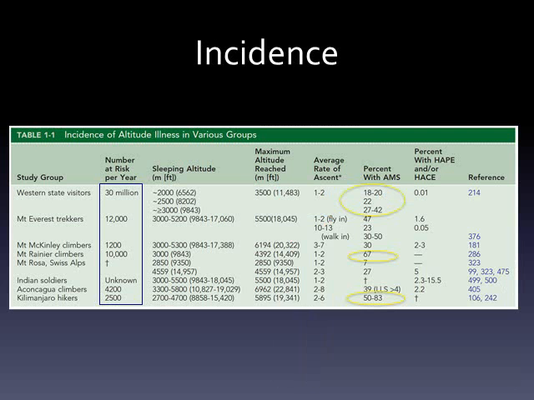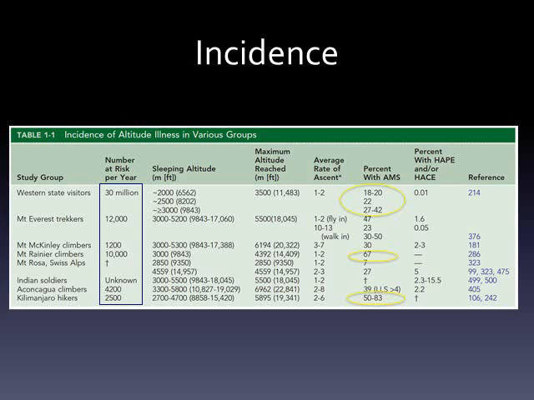This slide demonstrates incidence of altitude illness in various groups. In the United States, almost 30 million people are at risk of getting high altitude illness when visiting western states like Colorado or Utah, oftentimes for ski vacation.